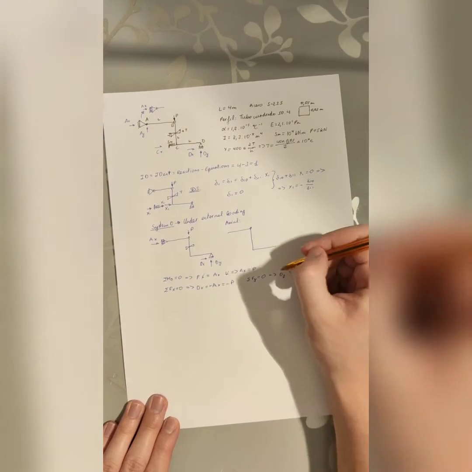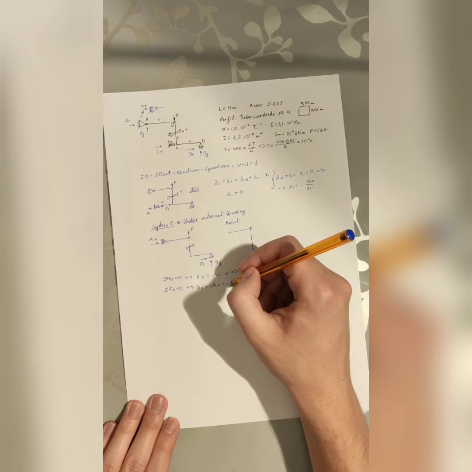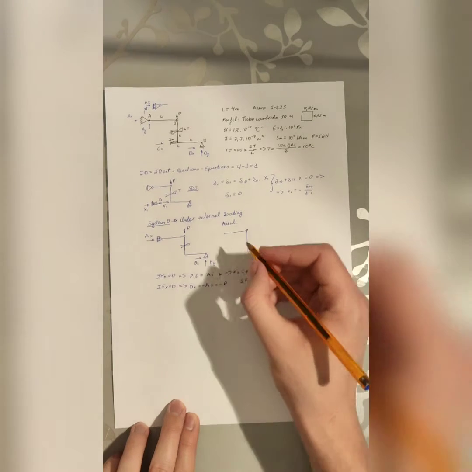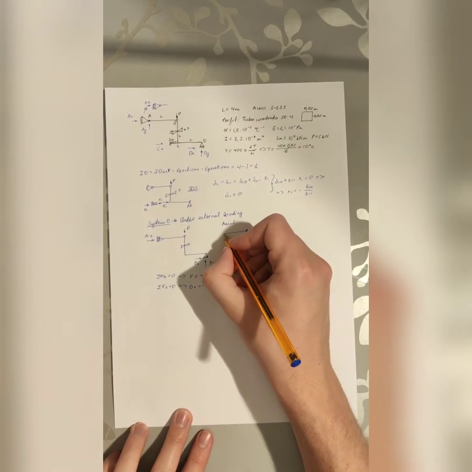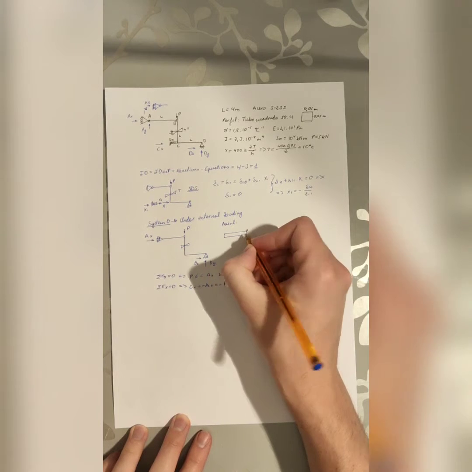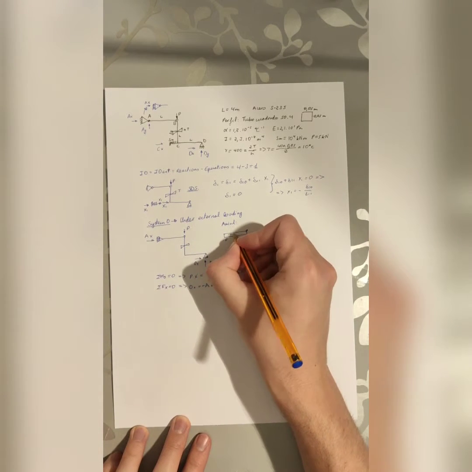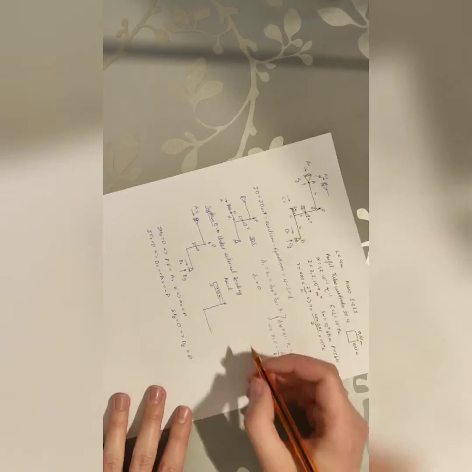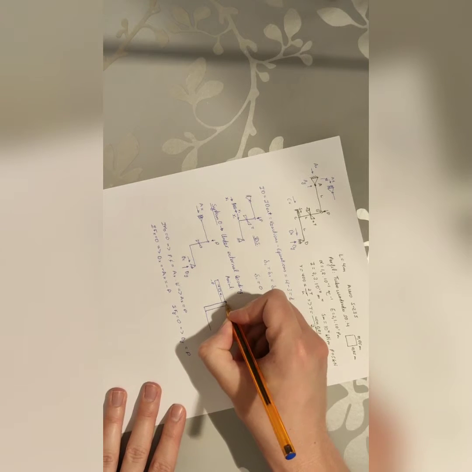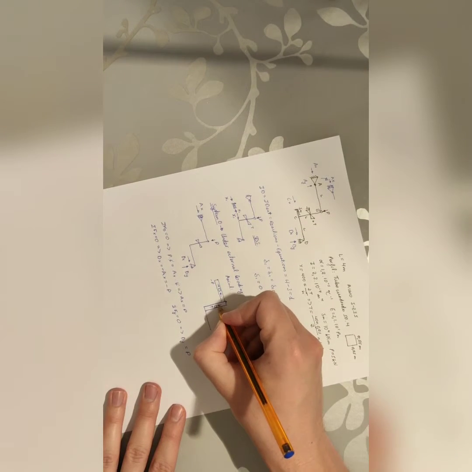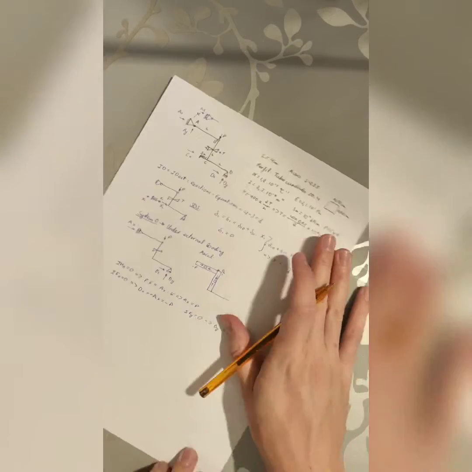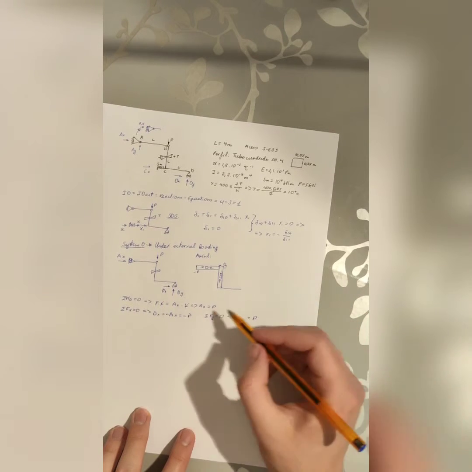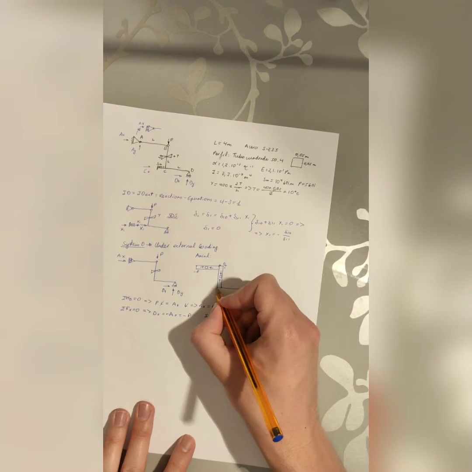This AX is P. Therefore, compression, it is negative, minus P. Here we have P as well, compressing, so seen from the right, it is also minus P. And at the bottom, DX is minus P as well, so it is also under compression.